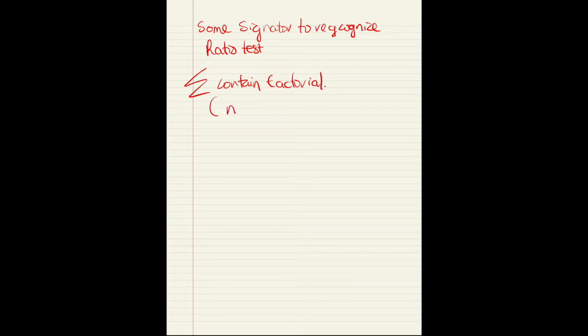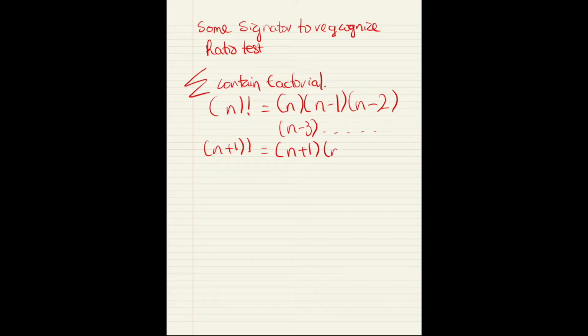For example, n factorial means n times n minus 1 times n minus 2 times n minus 3 and so on to infinity, or n plus 1 factorial equals n plus 1 times n times n minus 1 and so on.